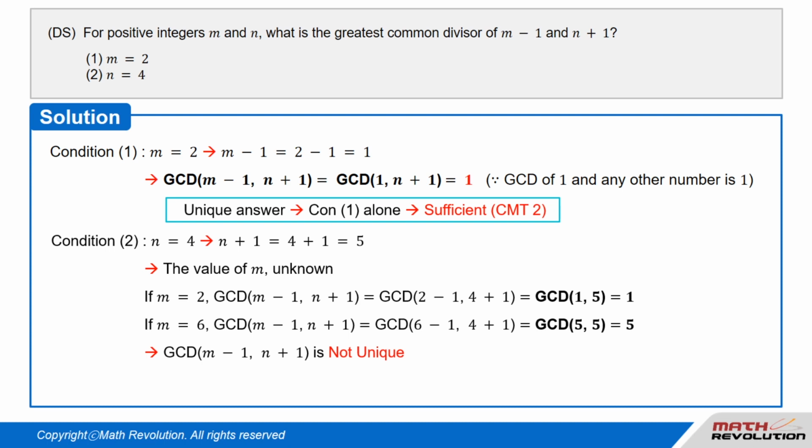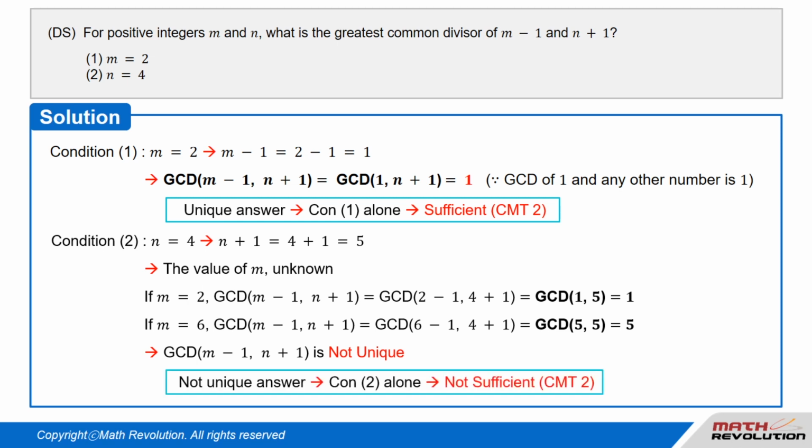However, when m equals 6 and n equals 4, the GCD(m minus 1, n plus 1) equals GCD(6 minus 1, 4 plus 1) equals GCD(5, 5) equals 5. Since the values of the GCD(m minus 1, n plus 1) are not unique, this condition is not sufficient by CMT2, which states the number of answers must be 1.